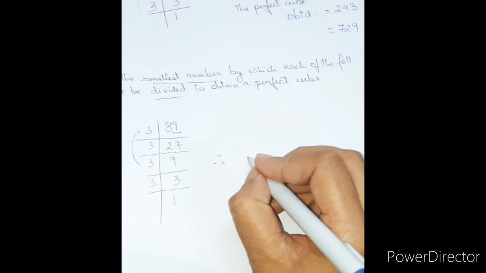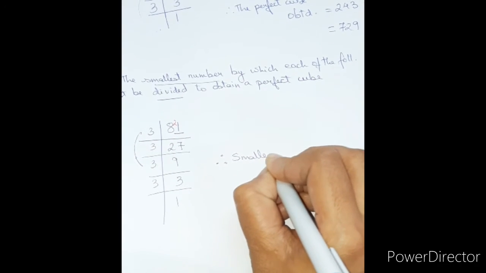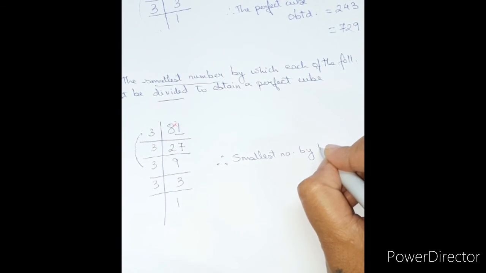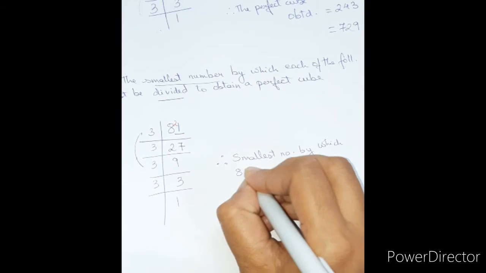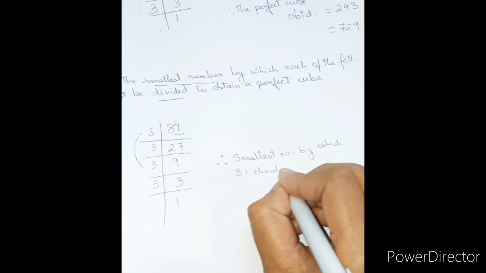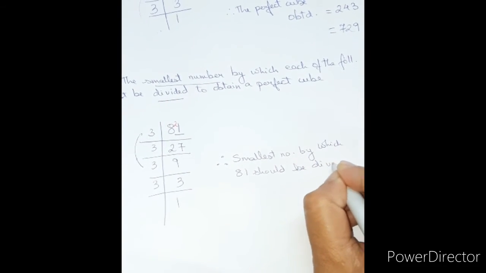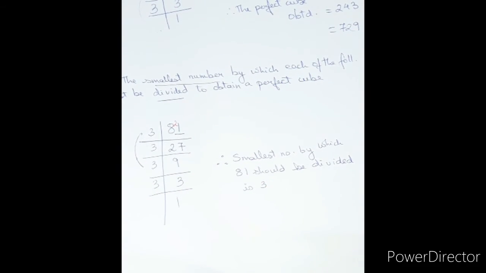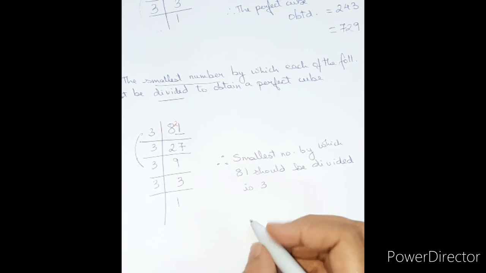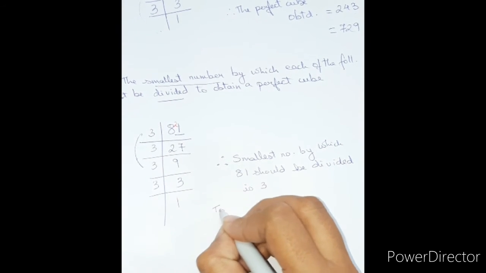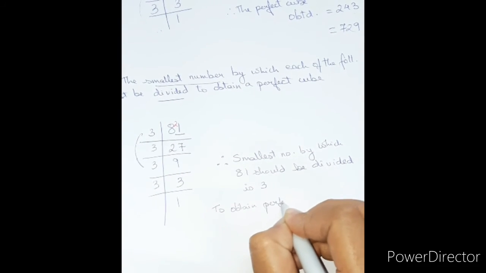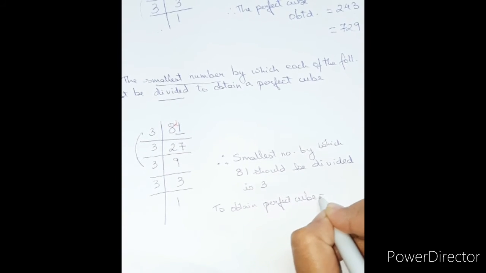therefore, the smallest number by which 81 should be divided is 3 to obtain a perfect cube, which will be 81 divided by 3.